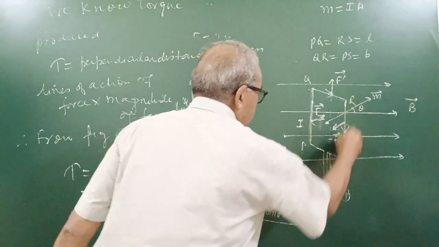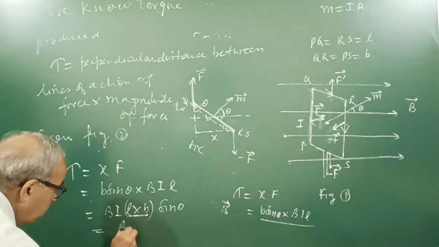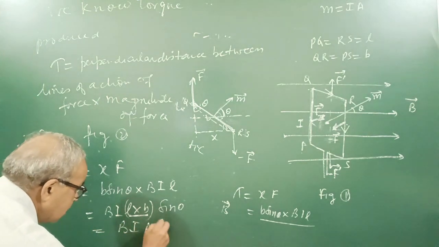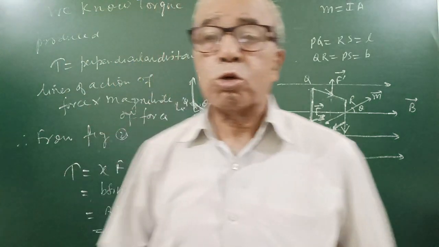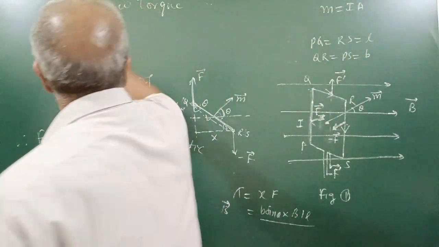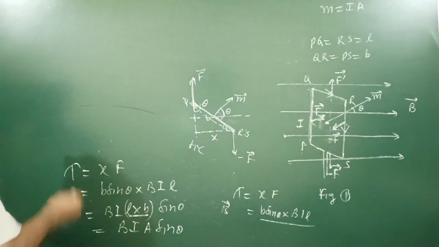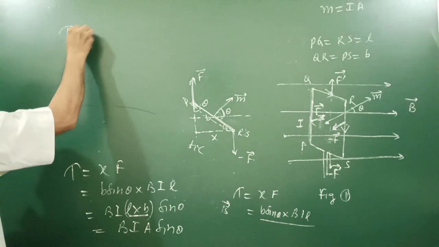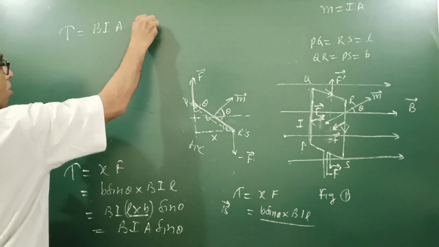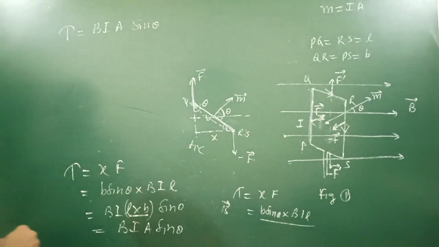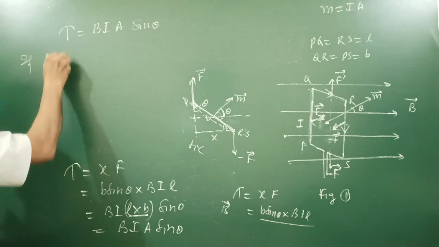Length into breadth is the area of the loop, which is rectangular, so it is equal to BIA sin theta. So the torque acting on the loop has magnitude tau equal to BIA sin theta.